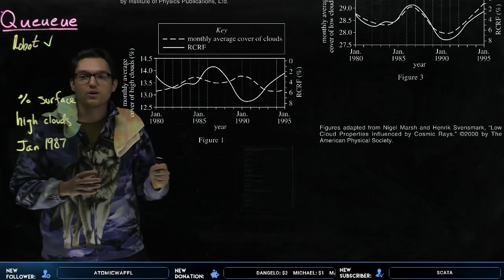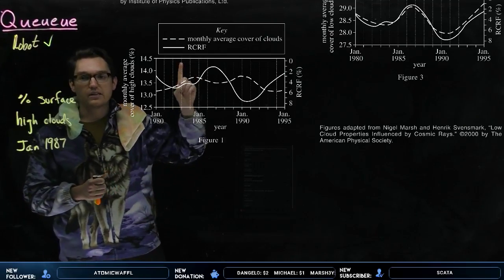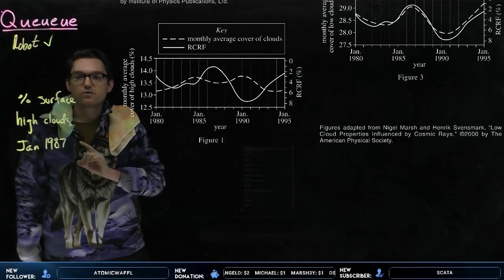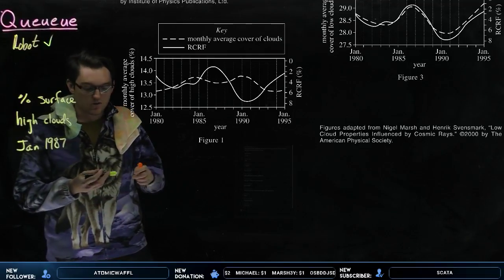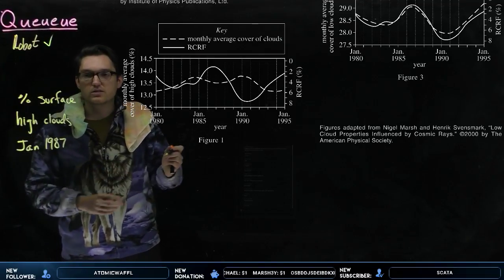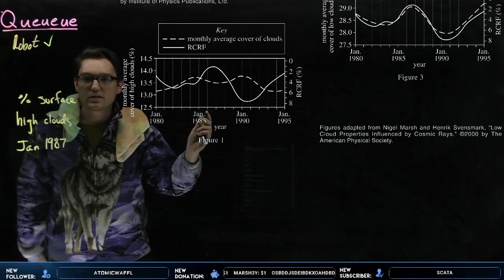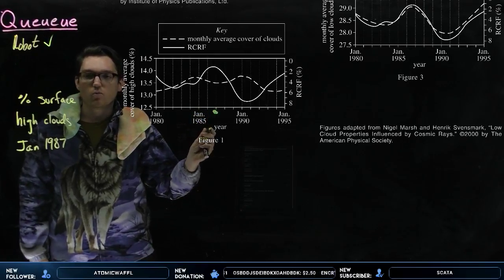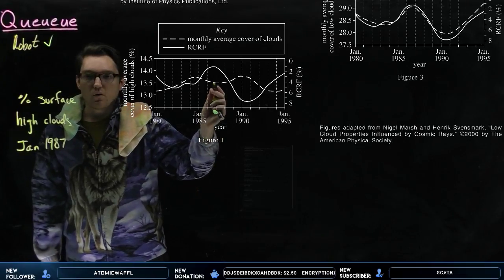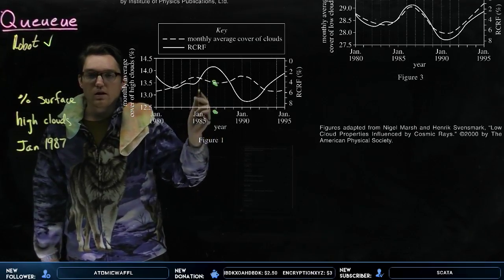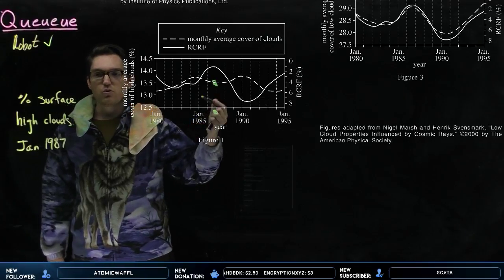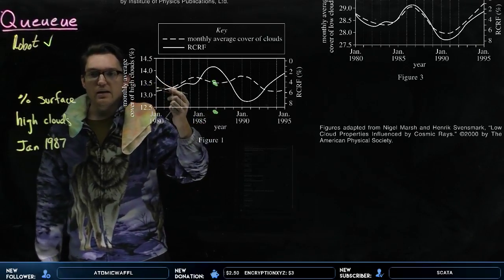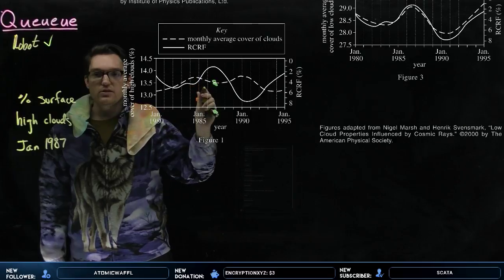Okay, so what we're looking at is this graph. We want to look at the dotted line. That's monthly average cover of clouds for January of 1987. So each of these lines represents a year. This is 85, this is 86, this is 87 right here. So this is the right year to look at. Let's find the y value of the dotted line. So we go up, it's right around here. Now remember, here's the kicker. We're going to go to the left side because that is the y-axis that pertains to the dotted line.